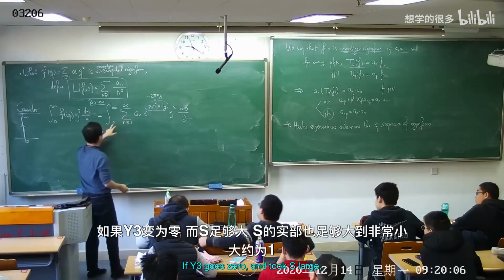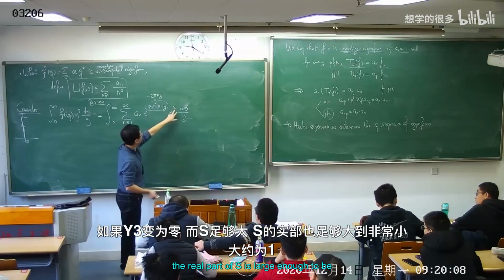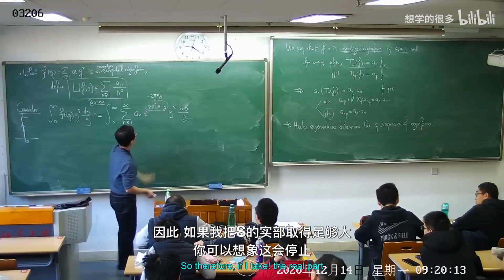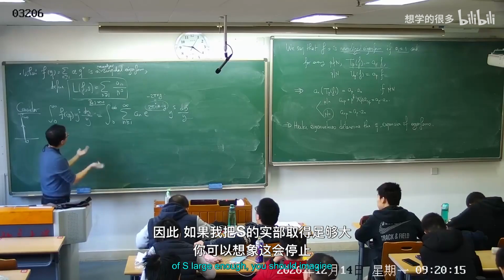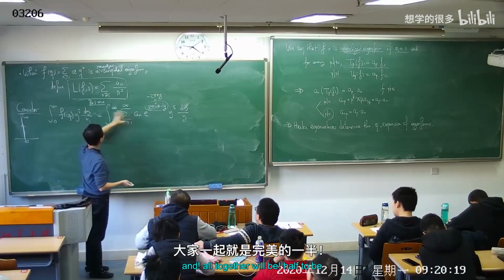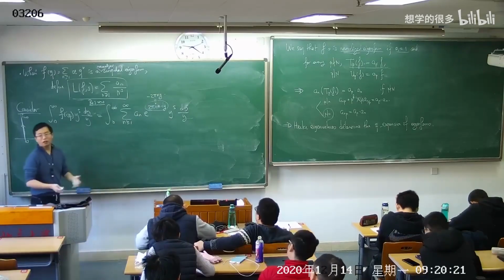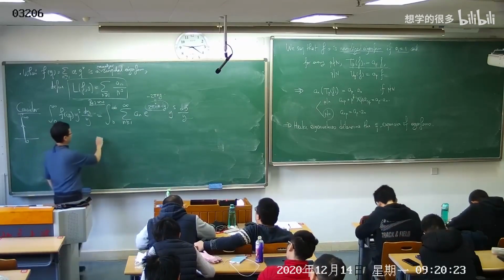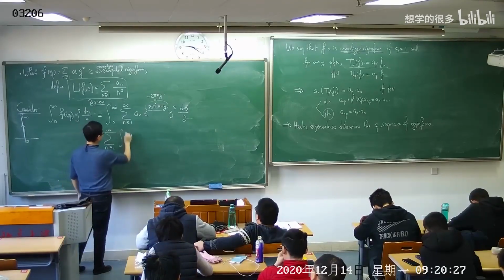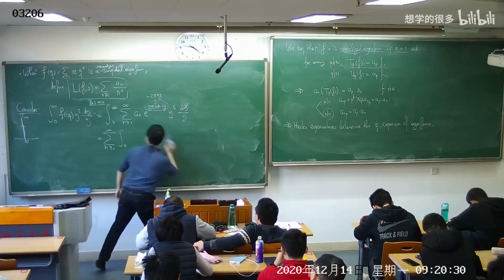If y goes to 0, I took the real part of s to be large enough, so this one will be very small and this will be roughly 1. Therefore, if I take the real part of s large enough, this sum and this integration altogether will be absolutely convergent. So I can switch them.